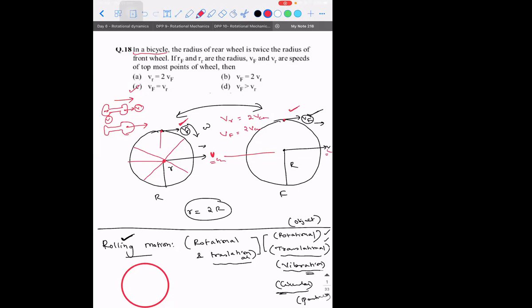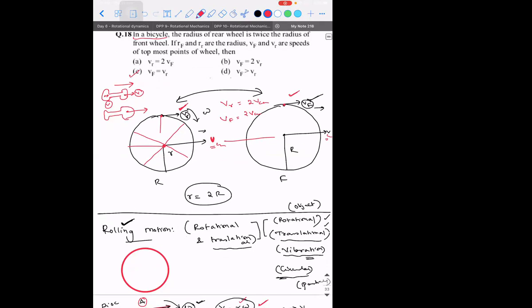Can you guys calculate and tell me? Since this object is rolling, as I told you, wherever you see rolling, it is pure rolling. You can take it into consideration by default, meaning the bottom point is not slipping.